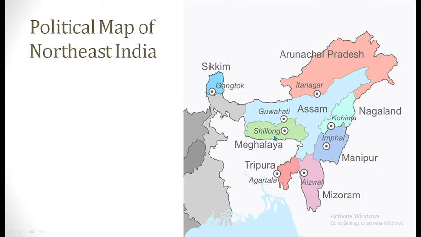And here in the western or southwestern part we have Meghalaya, and at the center we have Assam, which is the gateway not only to other northeastern states but also to Southeast Asia and East Asia.